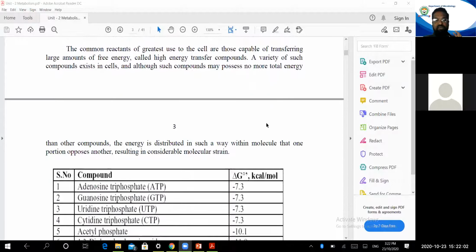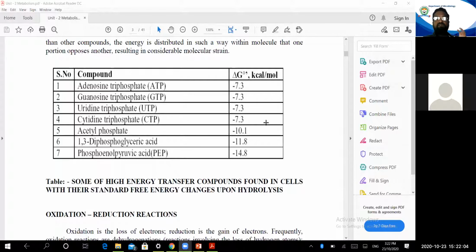For this purpose, the cell utilizes various different kinds of chemical compounds or biochemicals to store this energy and to provide this energy in the latter phases. The most popular and well-known molecule of such kind is adenosine triphosphate, or ATP, as we generally call it.